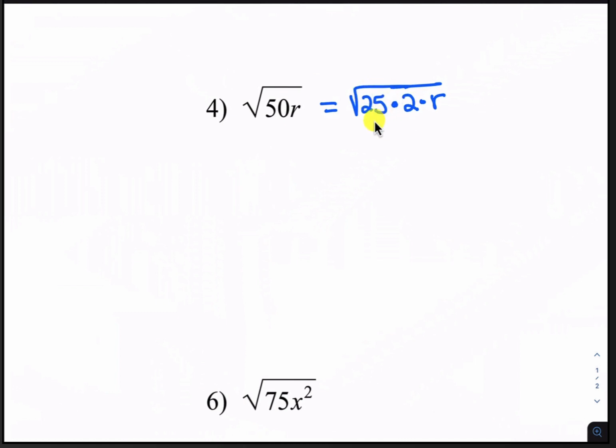Now, the square root of 25, that's a perfect square. The square root of 25 is 5, so 5 comes out because 5 times 5 is 25. And then the 2 and the r will remain under the radical. So our answer there is 5 square root of 2r.